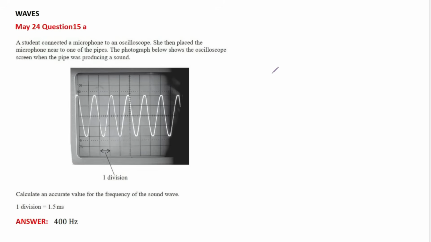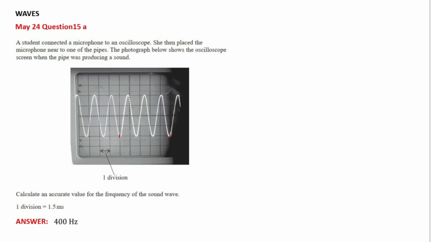So the very first step is to find out how many squares make up a complete cycle. But if you look at the traces, you'll see you don't get an exact value. So you can start from here and then start counting from here. So this is one cycle, two cycle, and let's say this is three cycle. So three cycles corresponds to, let's see how many squares. 1, 2, 3, 4, 5.